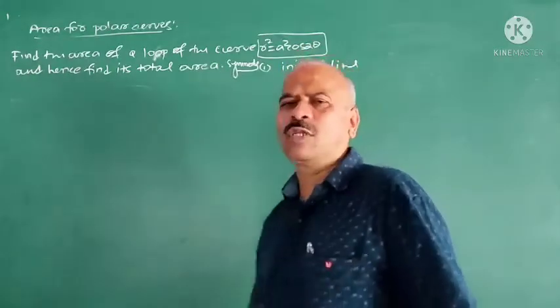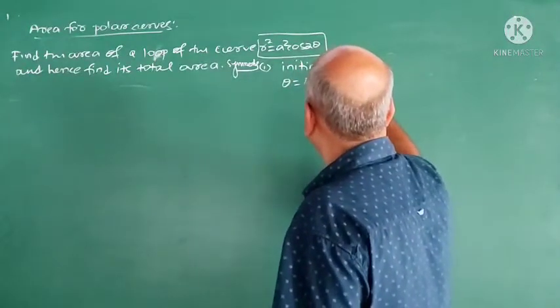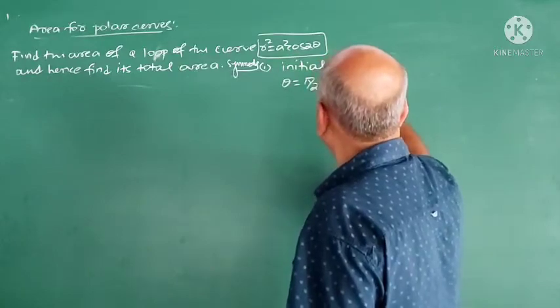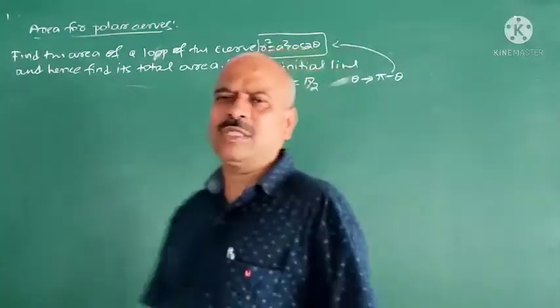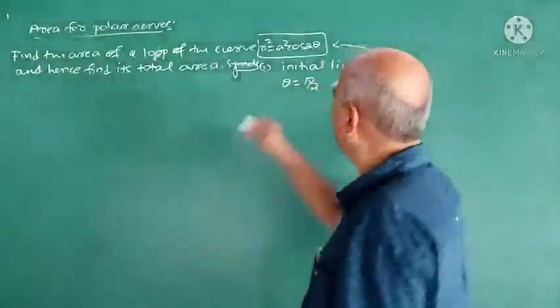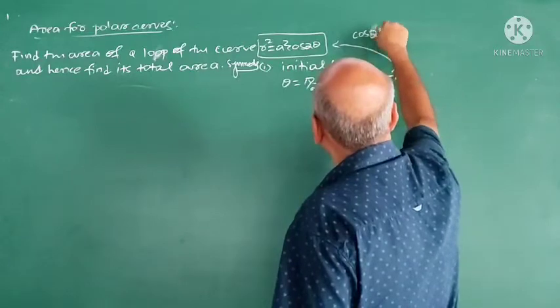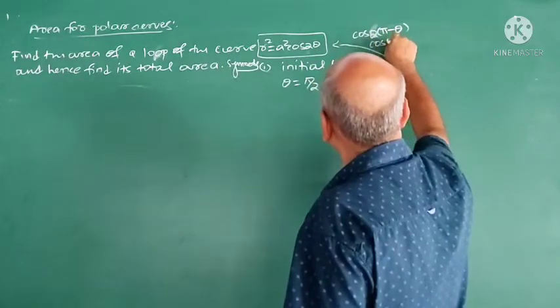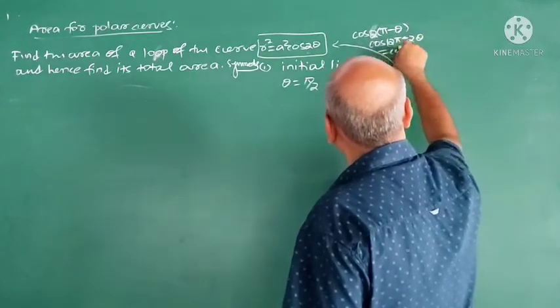Why is it symmetric about theta pi by 2? Because if you change theta to pi minus theta, the curve will not change. Because cos of 2 pi minus 2 theta, you will get cos 2 theta.